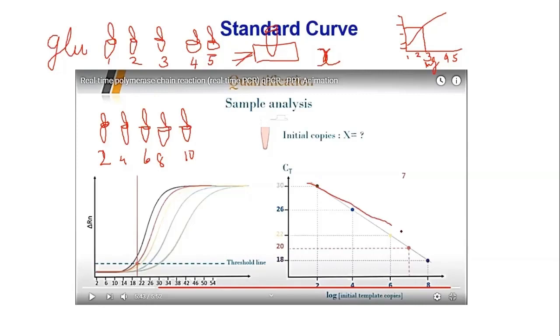And then we also load another sample, which is sample X. We want to know how much virus is present in sample X. Whatever fluorescence comes out is plotted against the standard graph. The machine itself will tell you, you don't have to do anything manually because all this is automated. And at the 7th point, you can say that it has 10 power 7 viral load. This is absolute quantification.